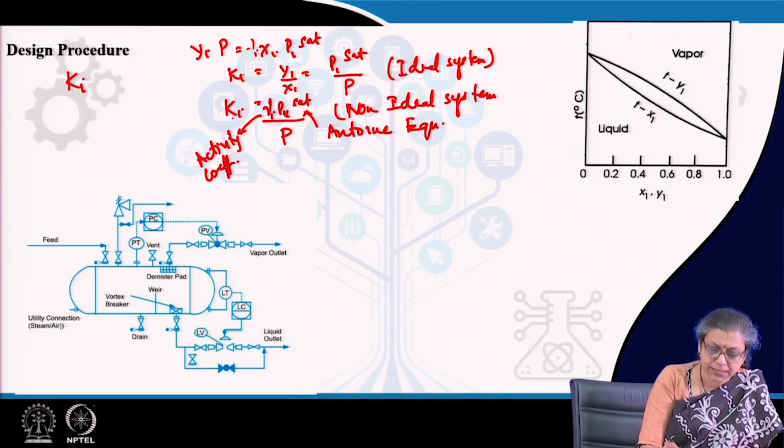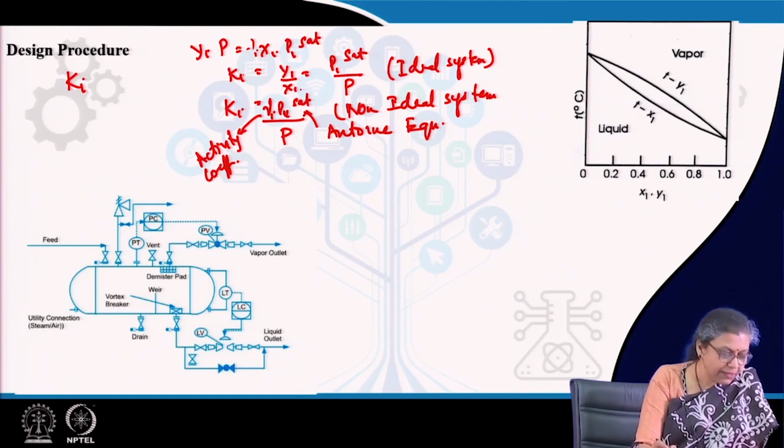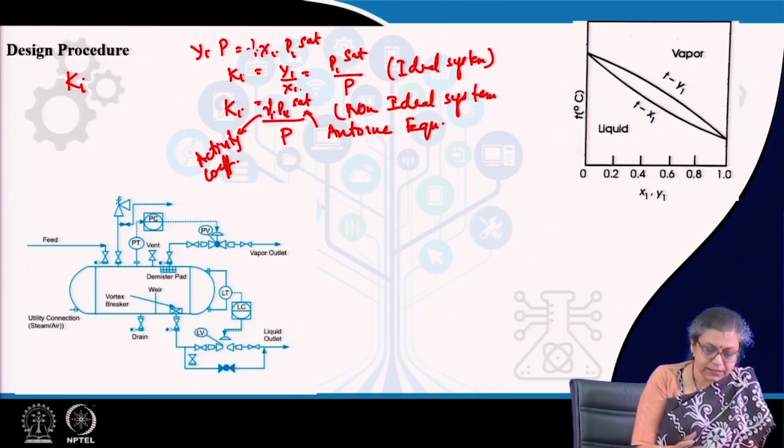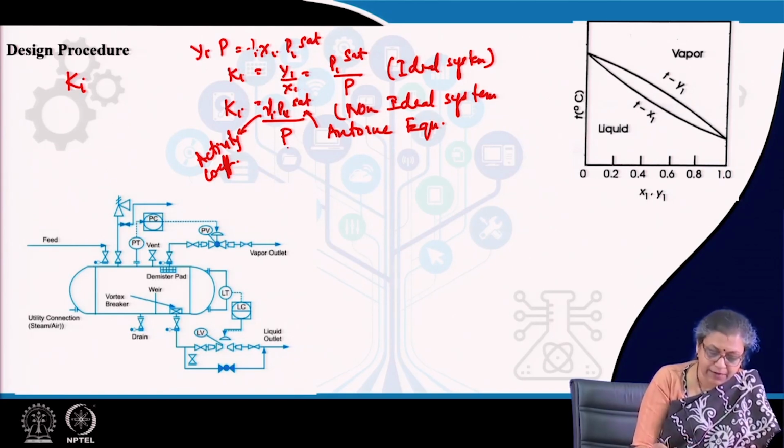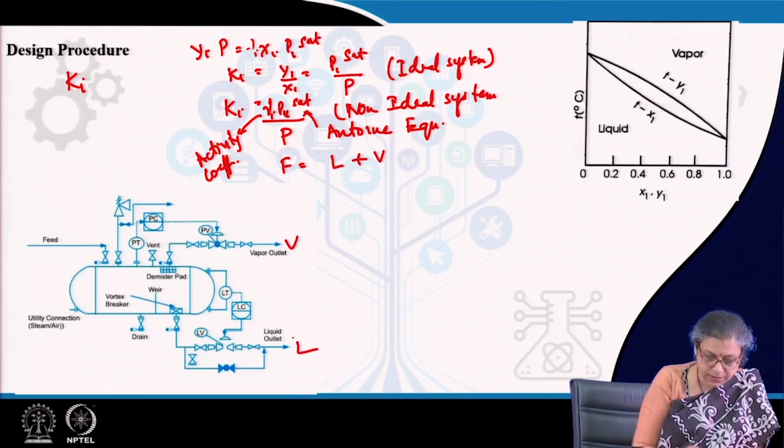So, now once Ki has been found out, I will write down the basic mass and component balance equations. What is it? We know F equals L plus V, this is V, this is L and this is F. We also know for each component we can write it down as L xi plus V yi.